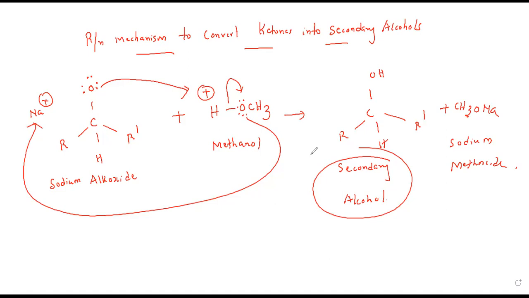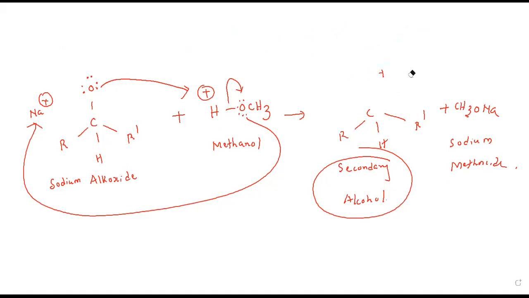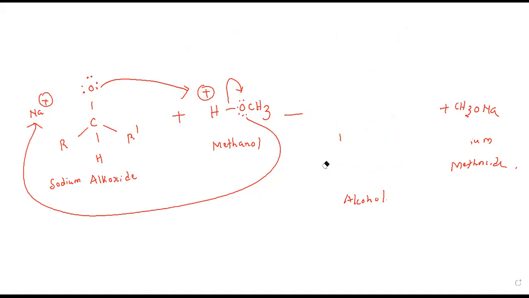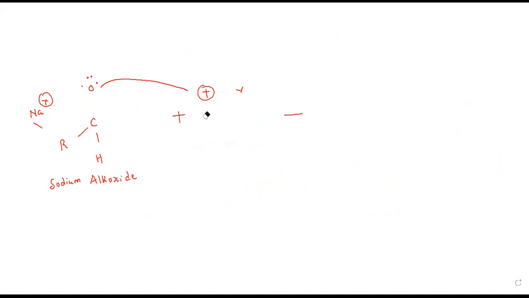Okay. Similarly, we will take another important mechanism to convert aldehydes into a primary alcohol in the presence of a strong reducing agent, that is lithium aluminum hydride.